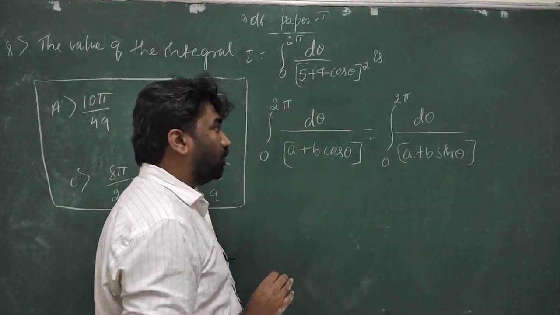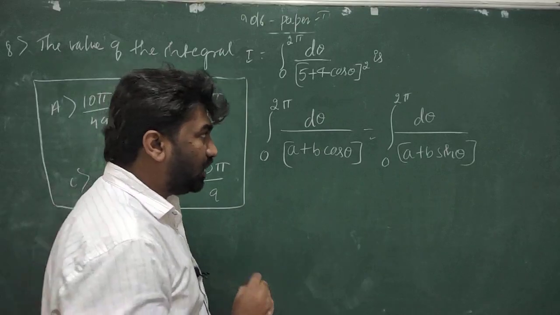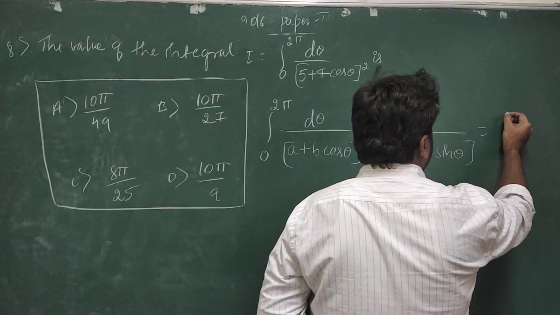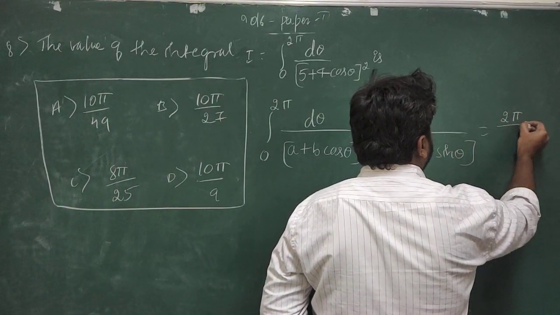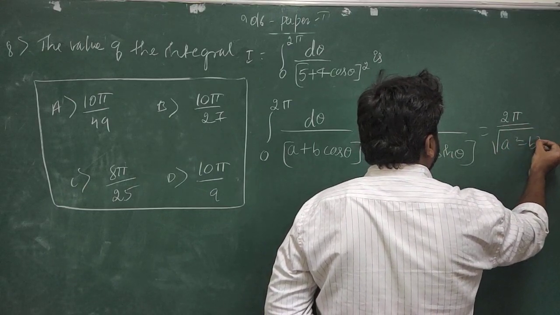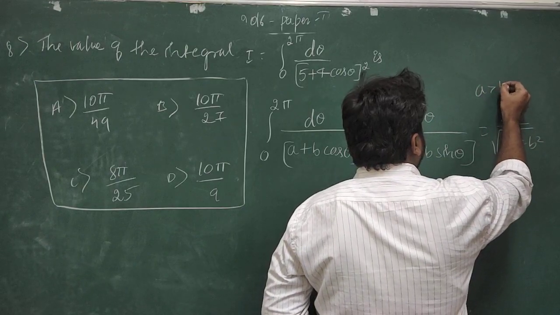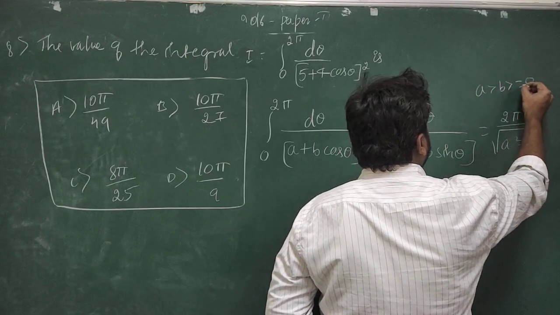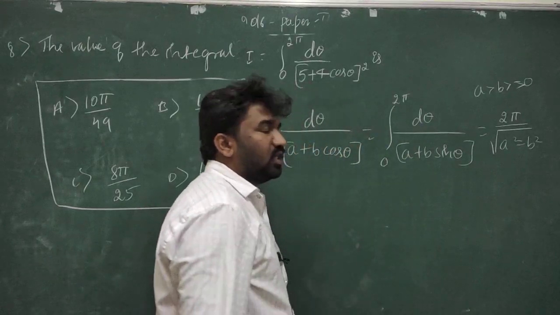If we have a function like this, then the answer is 2 pi divided by square root of a square minus b square. Here a is greater than b, and both must be greater than 0. So this is the condition.